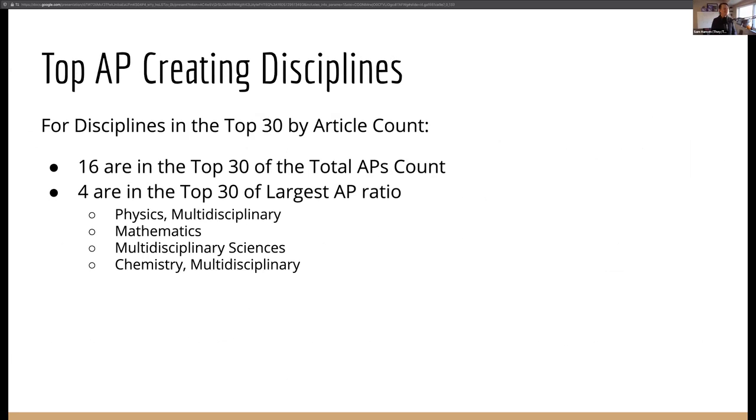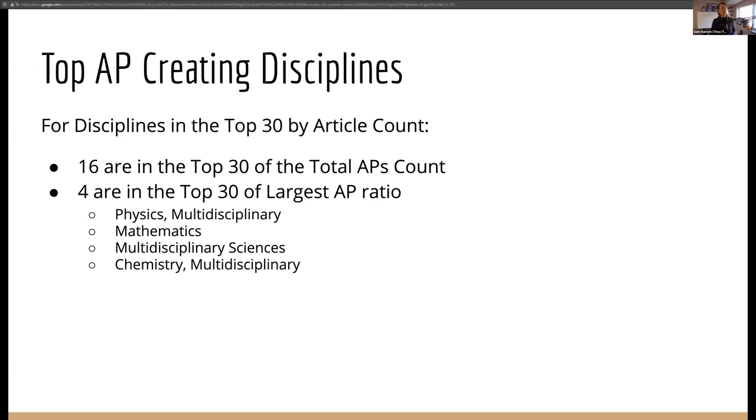So then if we look at the top AP creating disciplines, for disciplines in the top 30 by article count, 16 of those are also in the top 30 of the raw count of Awoken papers. So there's clearly some relationship there. If you have a lot of papers published, you might have a lot of Awoken papers.